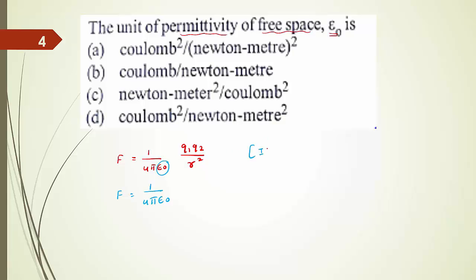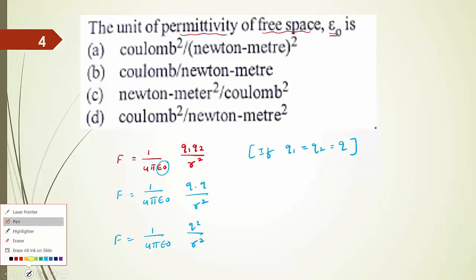Suppose I consider Q1 and Q2 both having the same charge Q. So Q into Q divided by R square, or we can write 1 by 4 pi epsilon naught Q square divided by R square. But here we want the unit for permittivity.